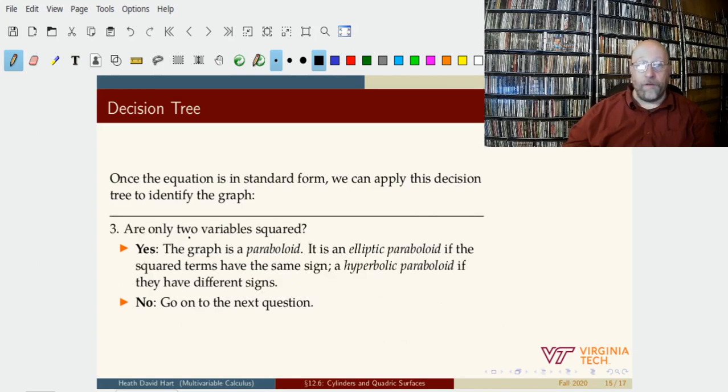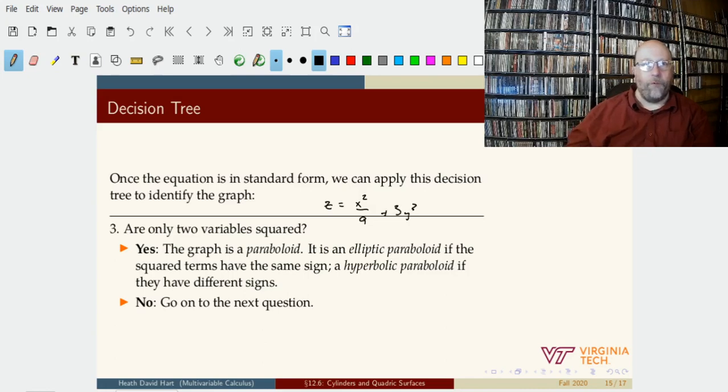Are only two variables squared? And we did this example earlier, where we did z equals x squared over 9 plus 3y squared.